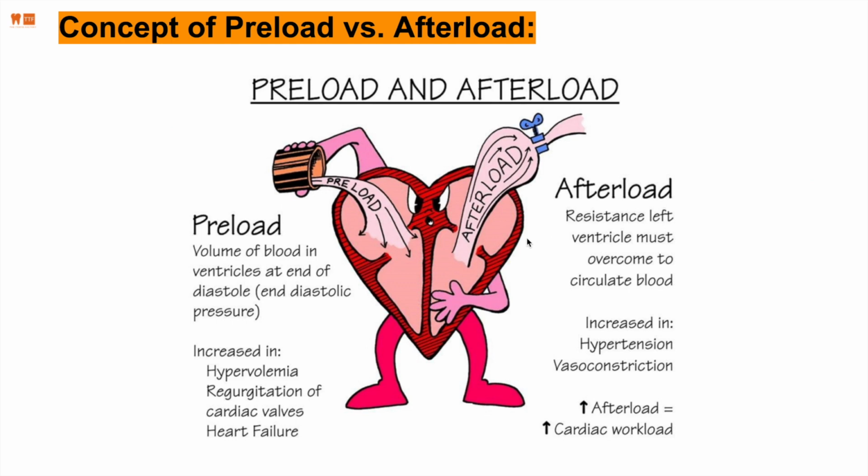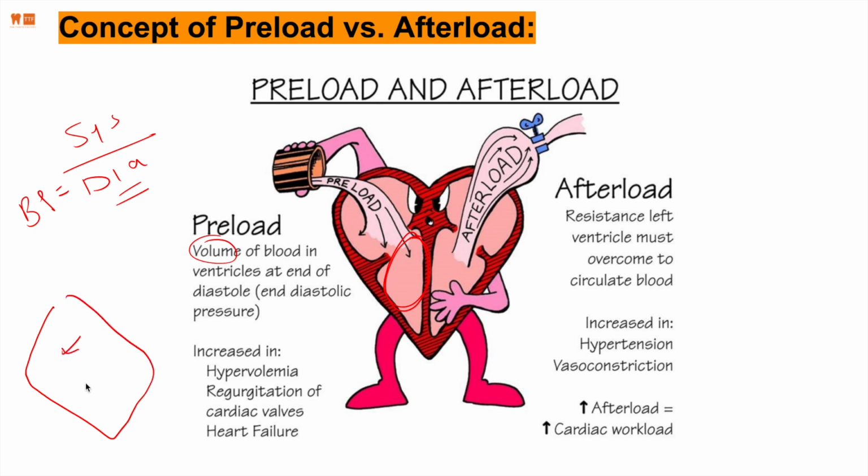Now, before we move ahead with the theory portion of the whole lecture, it is very important to discuss preload and afterload because it's concerned with blood vessels in the heart. So what is preload? It is the volume, the amount, quantity, of blood in the ventricles at the end of diastole, right? We have systolic over diastolic blood pressure, right? BP. So at the end of diastole, the amount of blood inside the ventricles means the ventricles are huge, right?